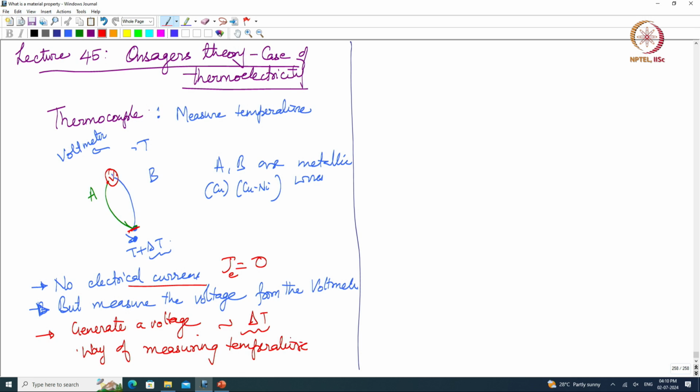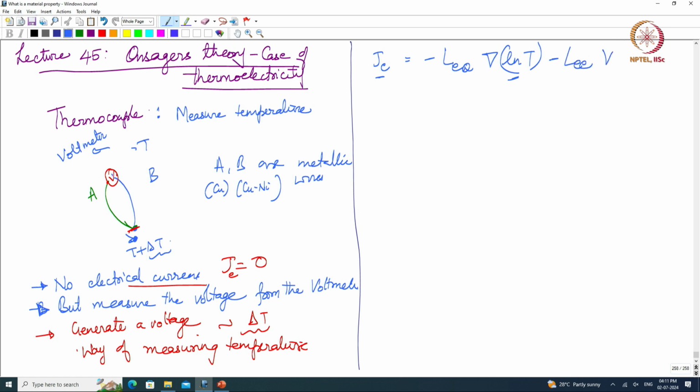All right, so let us go back to our Onsager relations. Let's write an expression for the electronic flux. The flux of electrons is just minus L_EQ grad ln T, this is the thermal force driving electric current, minus L_EE grad mu_E.